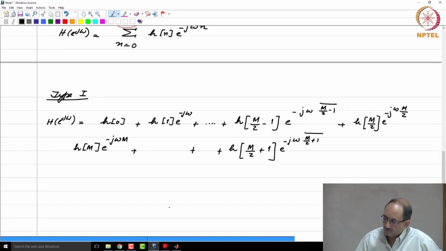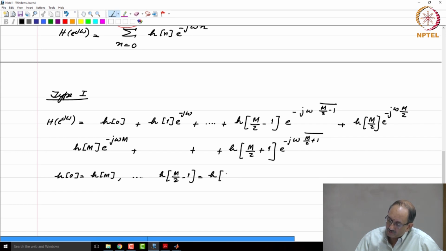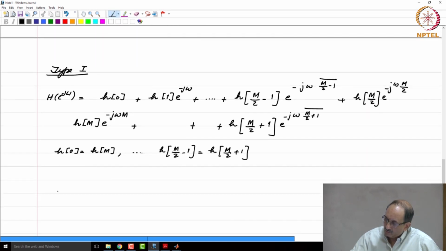So, this is the expression written out, and now we make use of the fact that h of 0 is the same as h of M and so on, and h of M by 2 minus 1 is the same as h of M by 2 plus 1, and the center sample stays as it is without any counterpart. Now, let us take e to the minus j omega M by 2 outside.